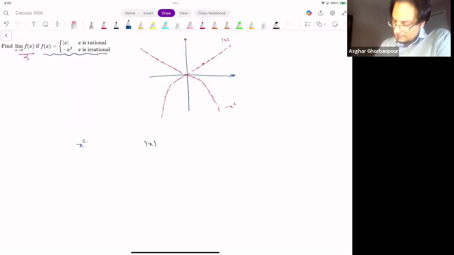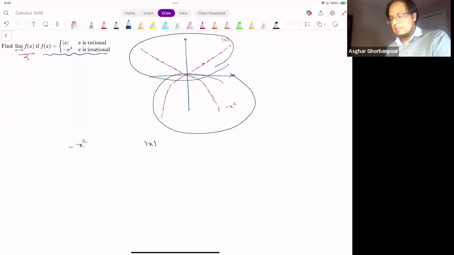Look at this: this is negative x squared, and this is absolute value of x. Absolute value of x is always bigger than negative x squared. But my function is taking either that value or that value. So the function is between those two things, for all x in the reals.